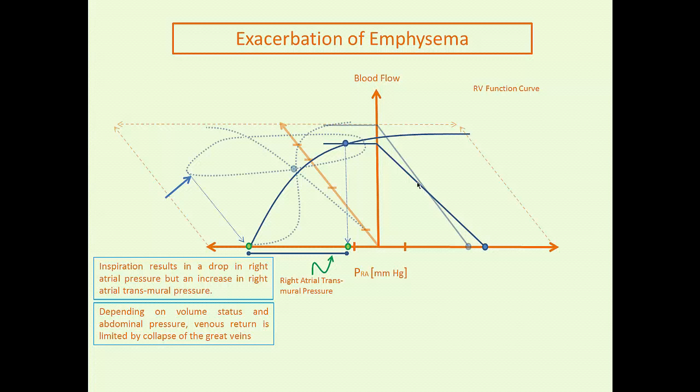But depending on the patient's baseline volume status, there may or may not be an increase in the resistance to venous return. And in this particular example, I have illustrated an increase in the resistance to venous return. You can see the slope has decreased.